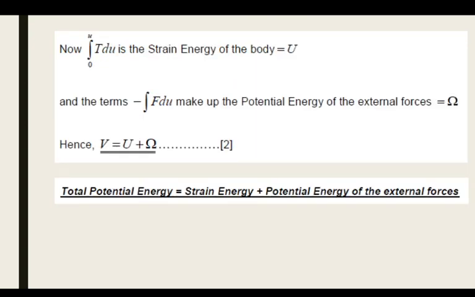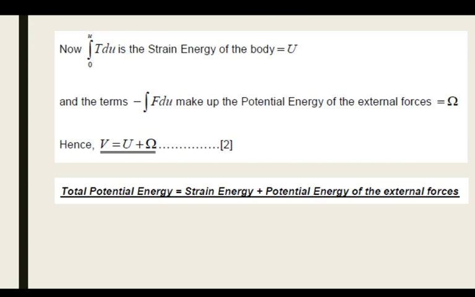Now the integral of T du is the strain energy of the body, U. And the integral F du terms make up the potential energy of the external forces, omega, since minus F du is omega.